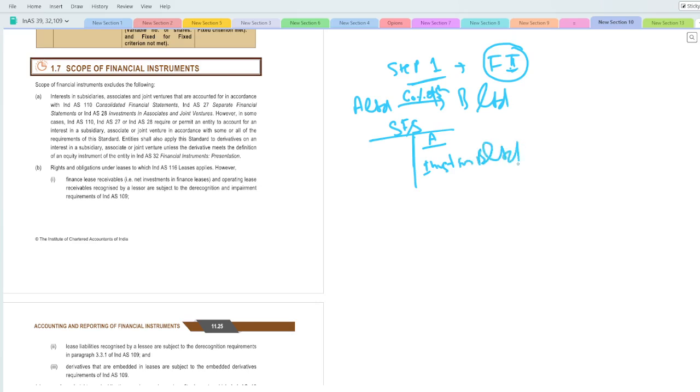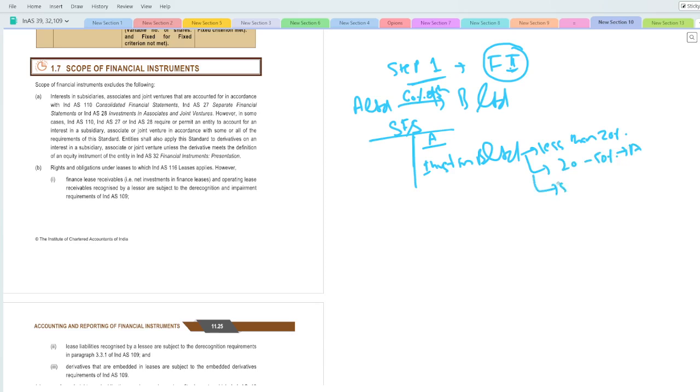Correct. So normally, how it goes: less than 20%, then it is for your trading purpose. Then if it is 20 to 50%, then it will become your associate or the joint venture.